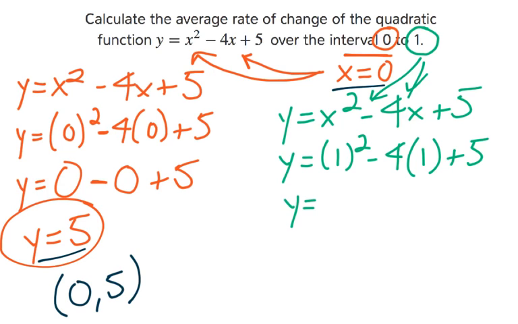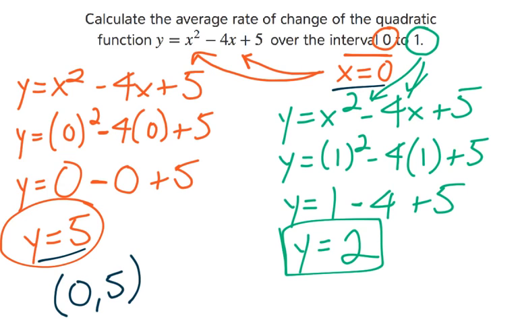That gives me y equals 1 squared is 1, minus 4 times 1 is just 4, plus 5, and that is y equals 1 minus 4 gives me negative 3, plus 5 brings me back to the positive side of positive 2. Okay, so my point here is 1 as my x, comma 2.